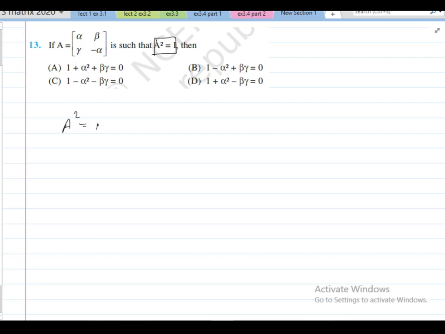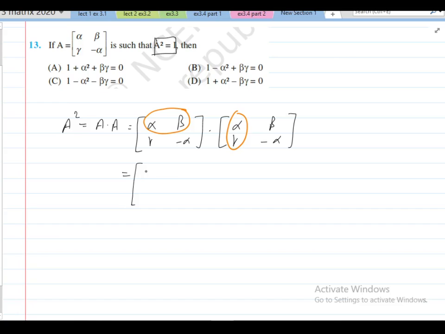અપને કો क्या है? We have to find A square which is A into A. A is nothing but alpha beta gamma minus alpha, again alpha beta gamma minus alpha. Okay, let's start. First row, first column. So here we'll get alpha square plus beta gamma.